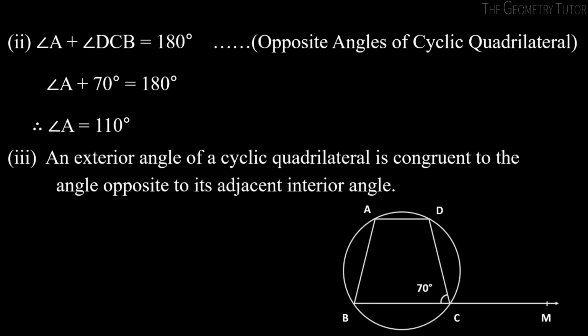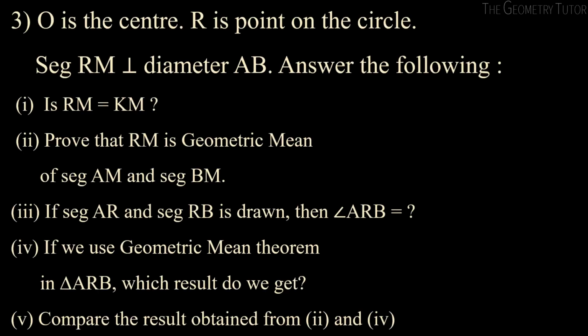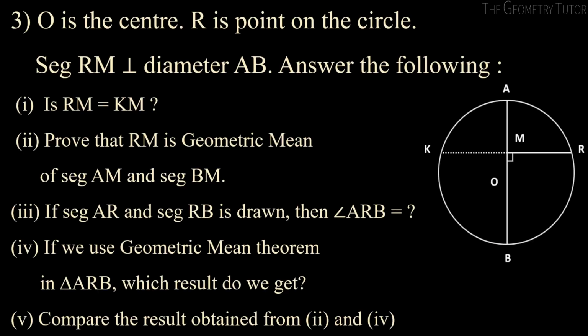Now, let us go for example 3. O is the center, R is point on the circle. Segment RM perpendicular to diameter AB. Answer the following. Number 1, is RM equal to KM? Number 2, prove that RM is geometric mean of segment AM and segment BM.